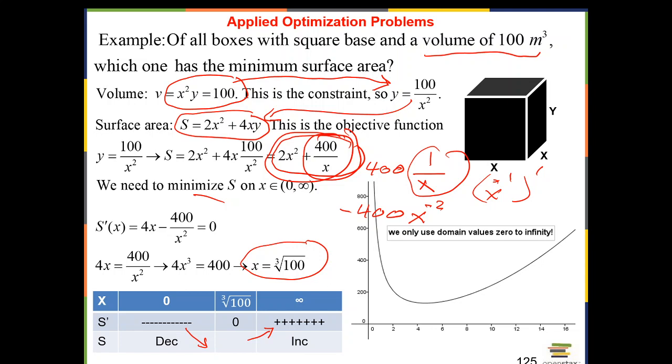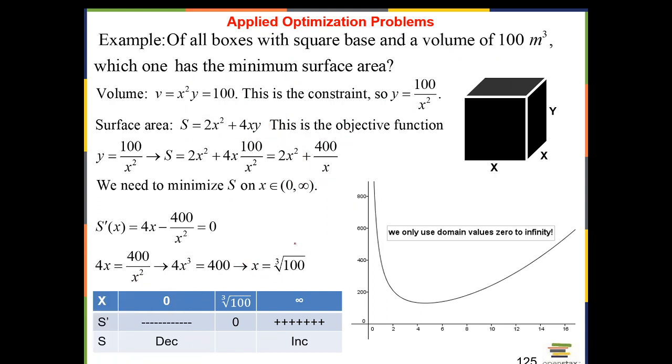So if x is the cube root of 100, what is y? Well, y is 100 divided by what? X to the second power. Now, the cube root of 100 to the second power, right?